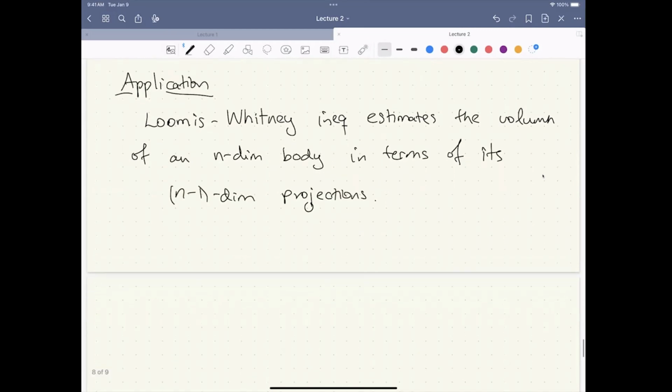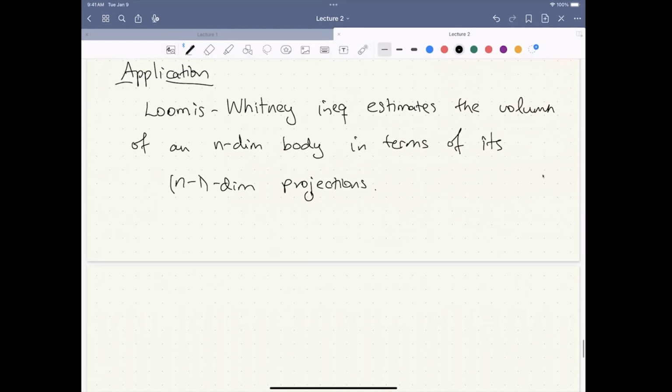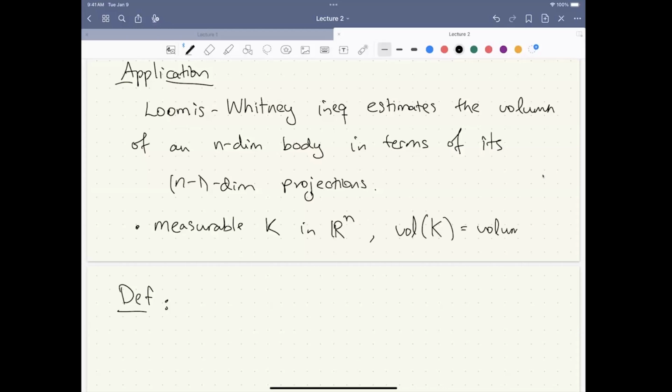So let's define something. For a measurable set K in R^n, let's write vol(K) for its volume. Okay, just a notation.